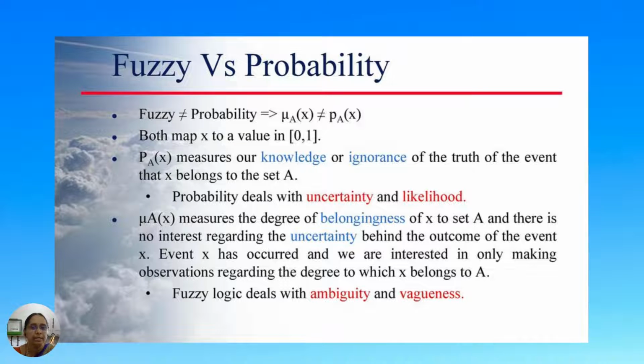P of A of x measures our knowledge or ignorance of the truth of the event that x belongs to the set A. Probability deals with uncertainty and likelihood, but the membership function mu A of x measures the degree of belongingness of x to the set A, and there is no interest regarding the uncertainty behind the outcome of the event x. Event x has occurred and we are interested only in making observations regarding the degree to which x belongs to A. Therefore, fuzzy logic deals with ambiguity and vagueness.